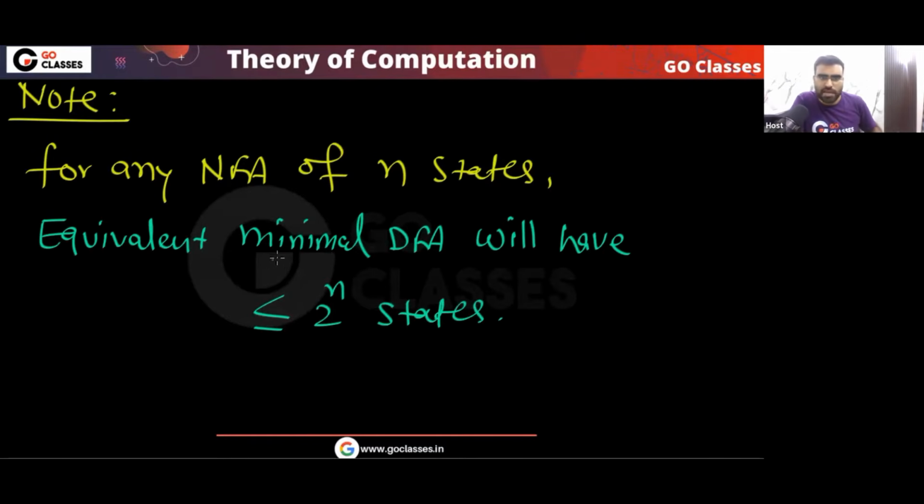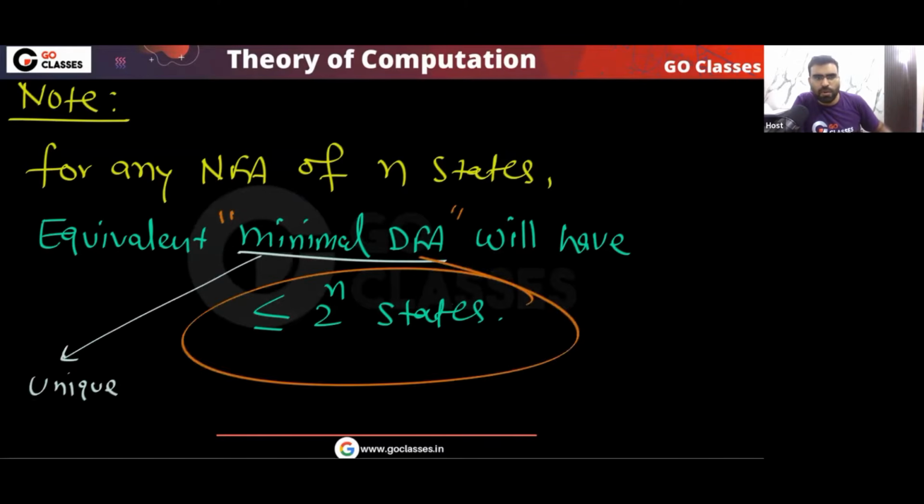Is this clear? And remember, this minimal DFA is actually unique. You already know that. So if you take any NFA of n states, then the equivalent minimal DFA will have less than or equal to 2 power n states.